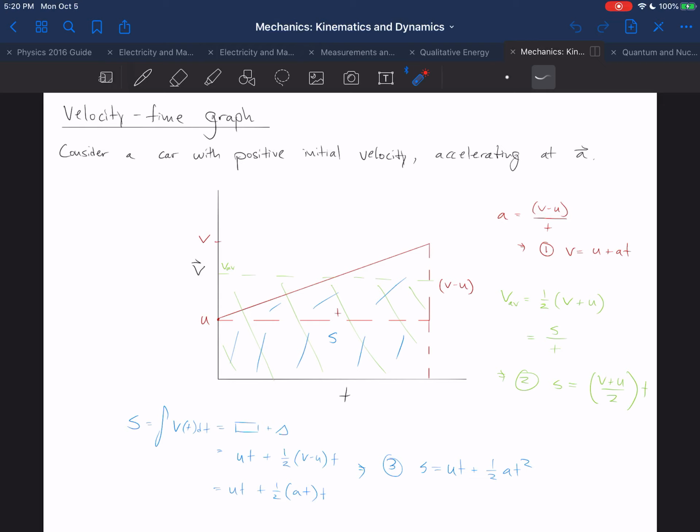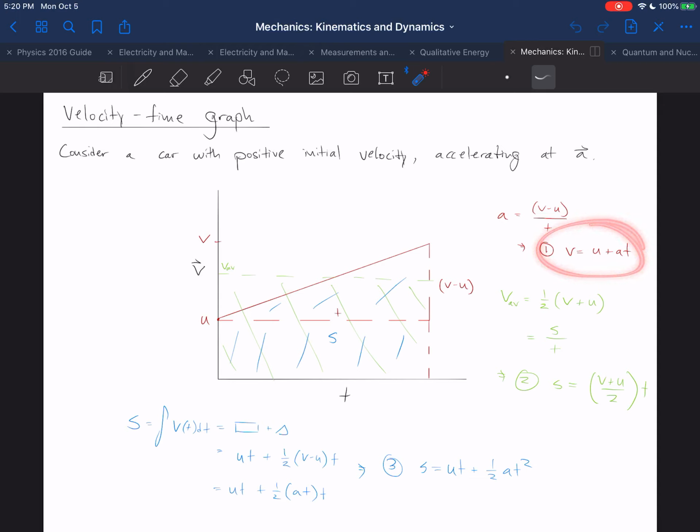Now, notice that the acceleration is the slope of this line. We know that to be true, and therefore the acceleration is the change in the velocity over the change in time. The change in the velocity in IB notation is v minus u. The change in time in IB notation is just t, and therefore we can derive our very first equation, v equals u plus at.